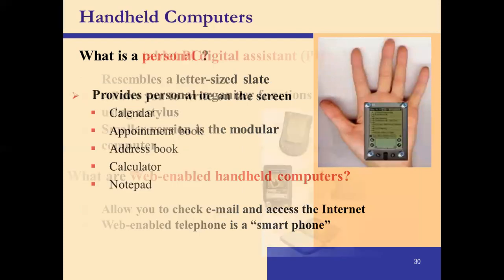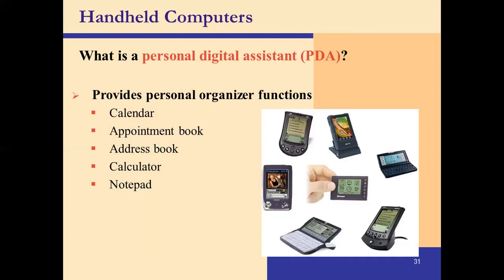Tablet PCs and PDAs are combined together to make a smartphone. A smartphone is a combined version of PDAs and tablet PCs. It has appointment book, address book, calculator, notepad, and calendar. These are the basic applications that PDAs have, so that you can use it as a personal digital assistant.